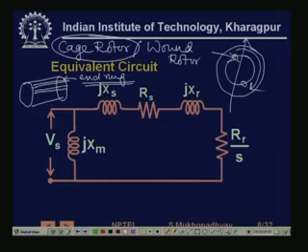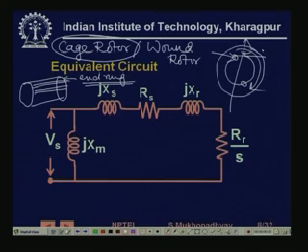And current will now start flowing in these coils because there is an EMF induced and the coils are closed circuits. So now the currents in the rotor circuit will interact with this flux and produce torque, and the machine will start rotating in which direction?